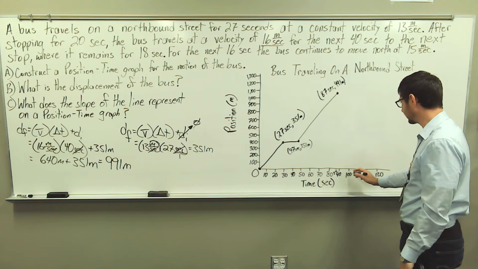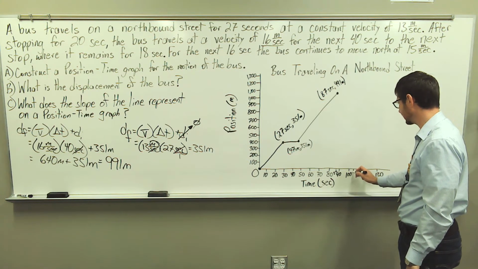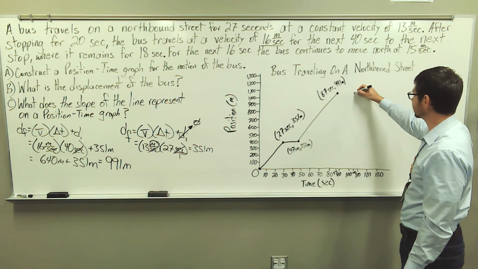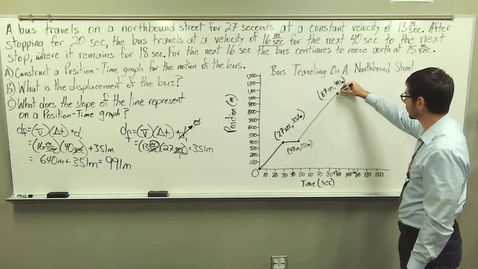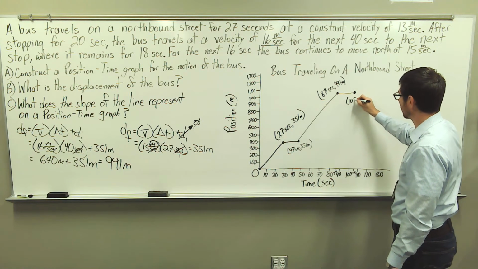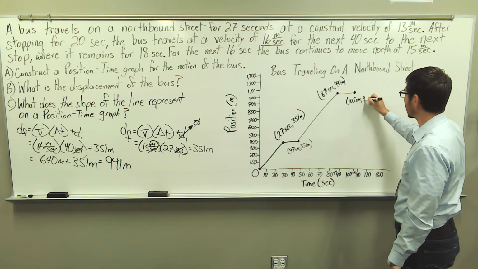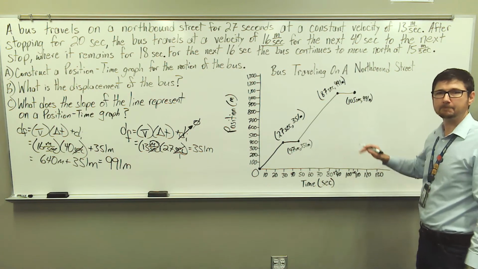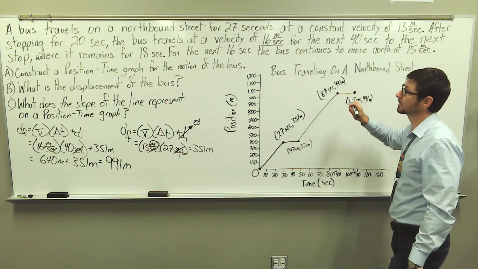And so at 105 seconds, we are still at a position of 991 meters. So 105 seconds, 991 meters is my ordered pair here.